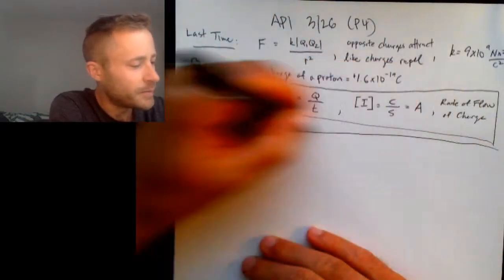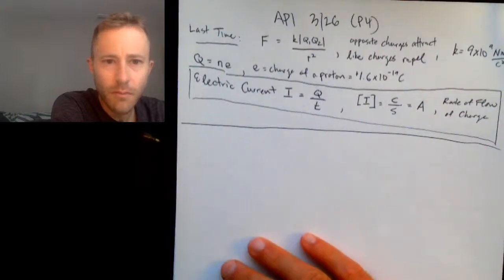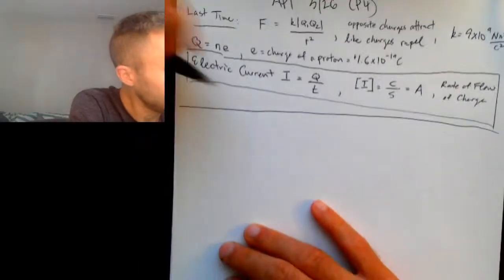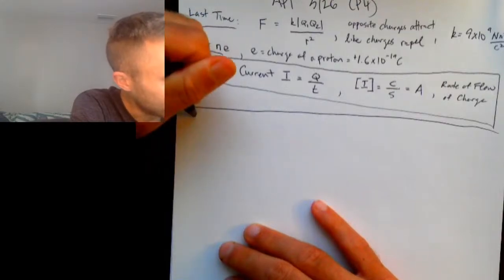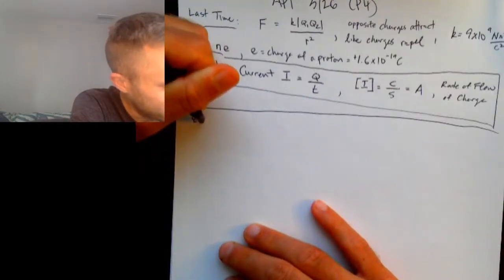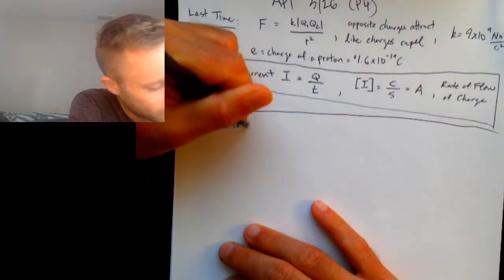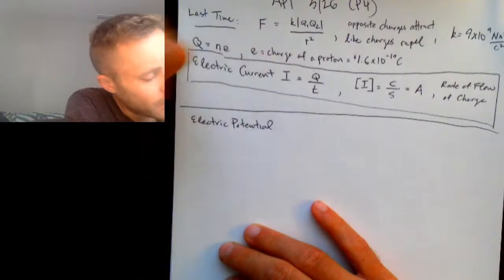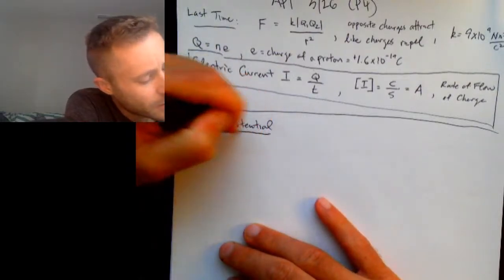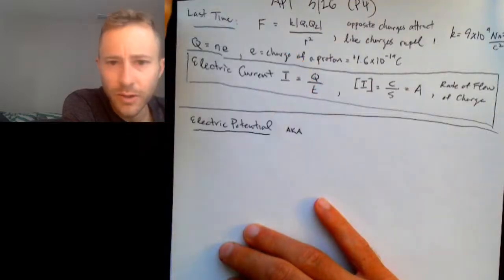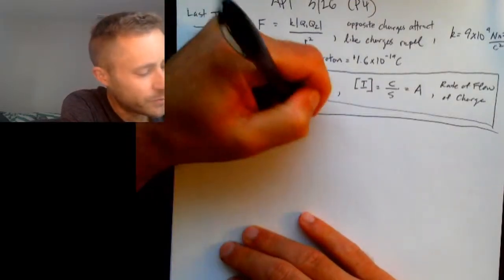The second one, and that gets us into today's lesson, is called electric potential, also known as voltage.